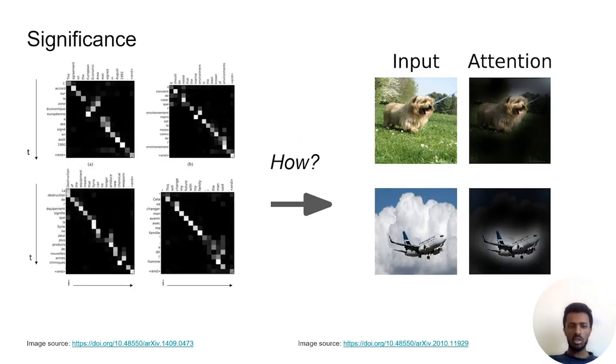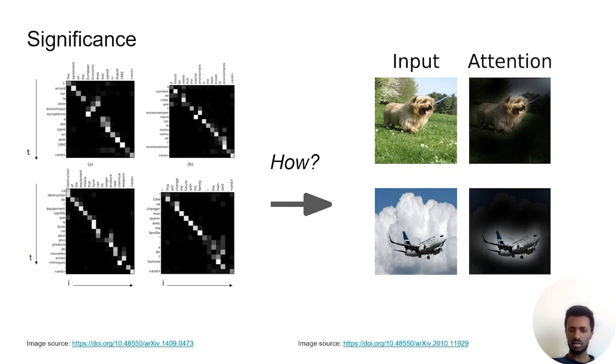When we come to the significance, traditional architectures for computer vision had local receptive fields that are limited in capturing long-range dependencies in images, and transformers with the self-attention mechanism are well suited for global context and relationships between distant regions in images.